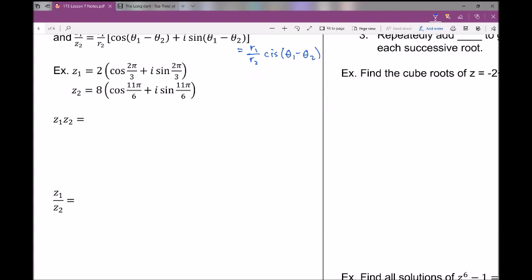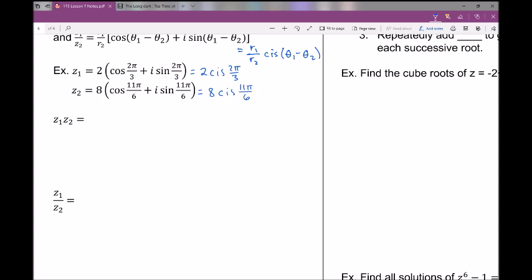If we want to do z1 times z2, and we have z1 is 2 times the cosine of 2 pi over 3 plus i sine of 2 pi over 3, we can rewrite this as 2 cis 2 pi over 3, just for ease of notation. And the second one we can rewrite as 8 cis 11 pi over 6.